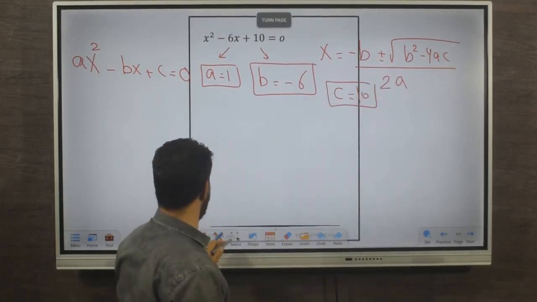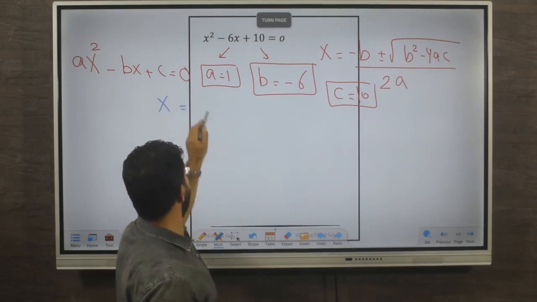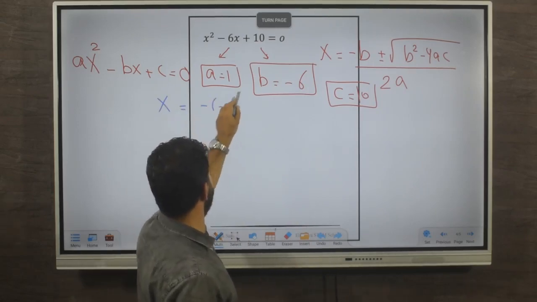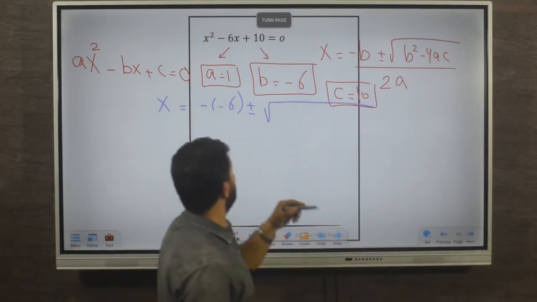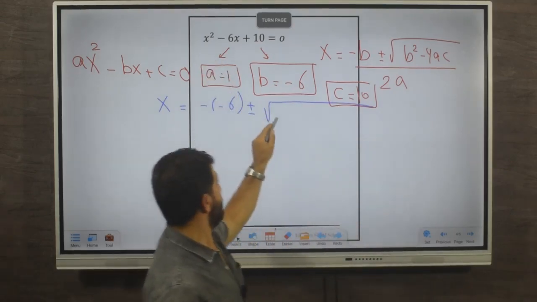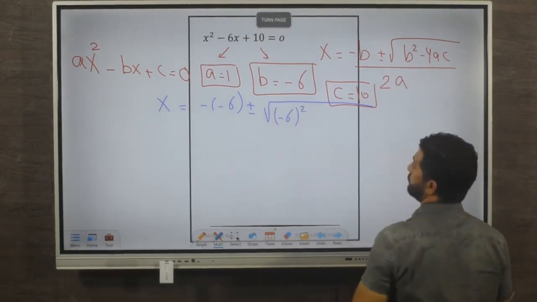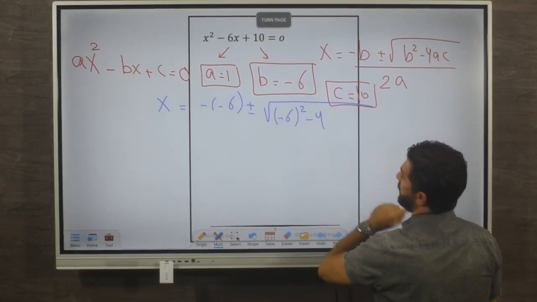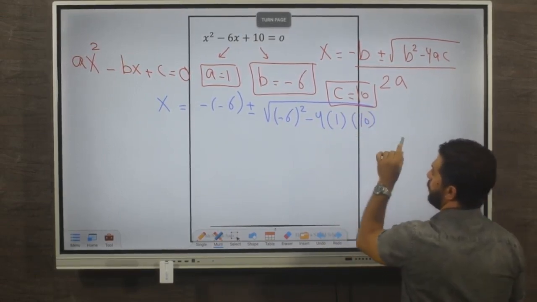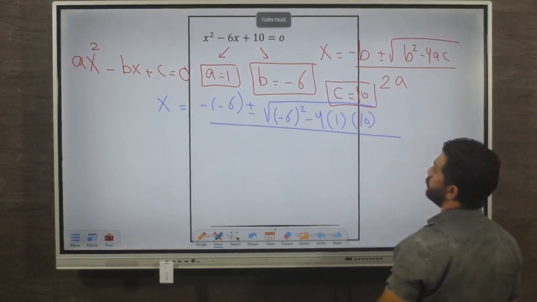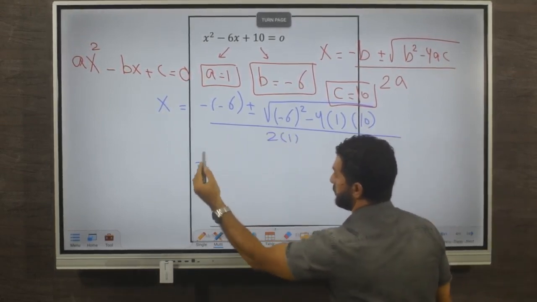So x is equal to what? Negative b, negative 6, positive or negative the square root of b squared, it's negative 6 raised to the power of 2. You with me? Minus 4 multiplied by a, which is 1, multiplied by c, which is 10. All divided by 2a. It's 2 multiplied by 1. So let's tidy it up.